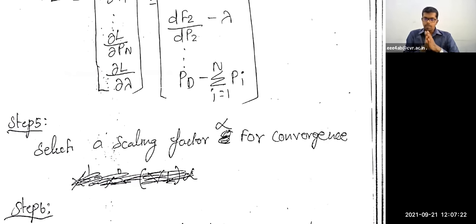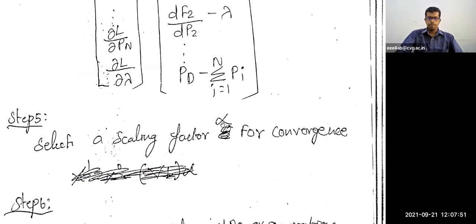There should be some convergence point where the program has to stop. For example, if the considered output is reached, you're taking the power demand as 800 megawatts, then if the power demand is reached, you have to stop. Or whatever condition you are given, some scaling factor, some convergence factor, you need to give. So that is this alpha.